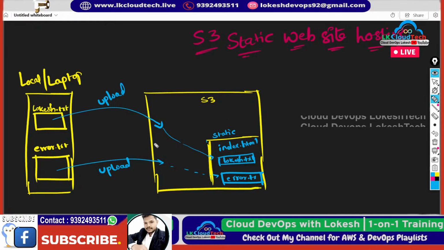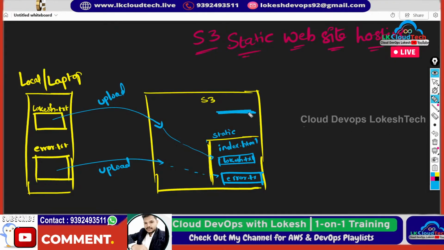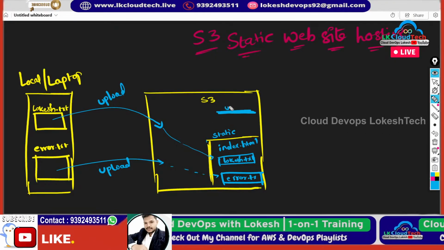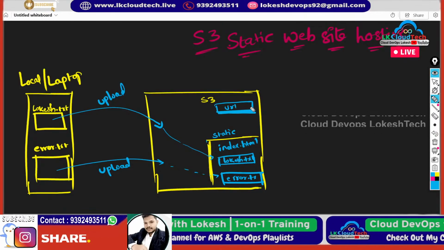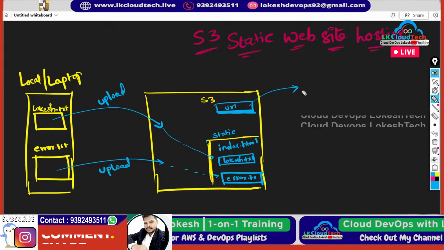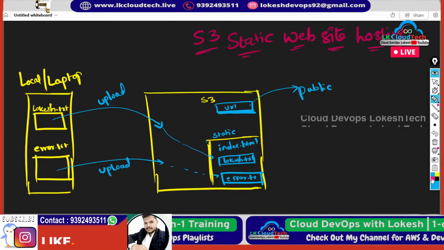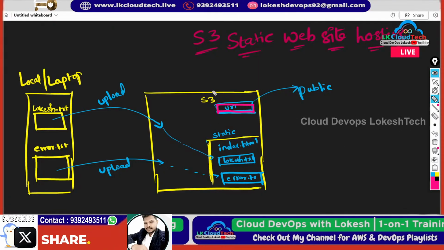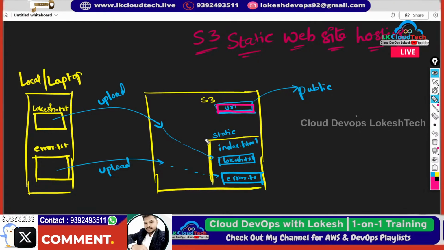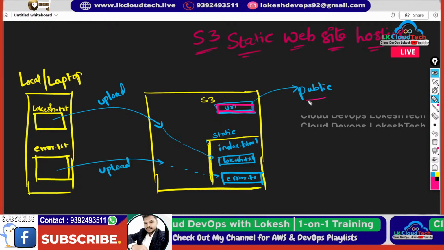Once you create this static website, you will get one link, which means a URL. This URL you will share with the public. Whatever content you keep in this static website will be displayed to the public.